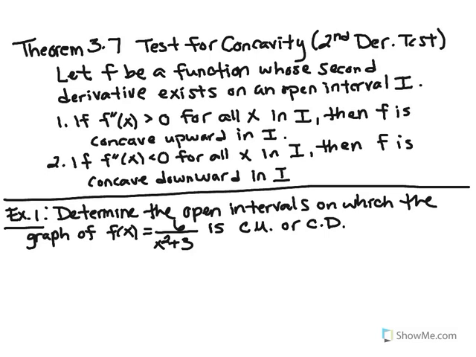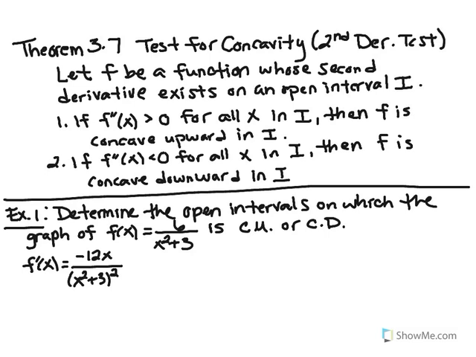So the first thing that we want to do is take the first derivative of this function, which we can do using the quotient rule or the chain rule. It's your choice. But for f prime, I should get negative 12x over x squared plus 3 squared.